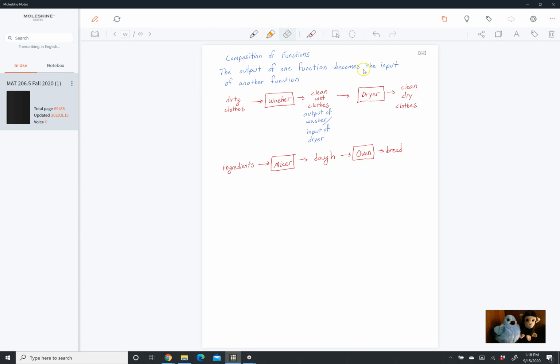Okay. One more. Coffee beans. Where do we put this? We put it into a coffee grinder. What comes out? Coffee grinds.